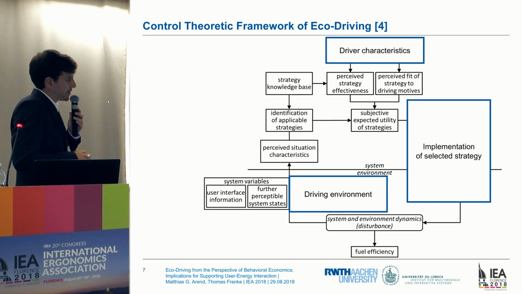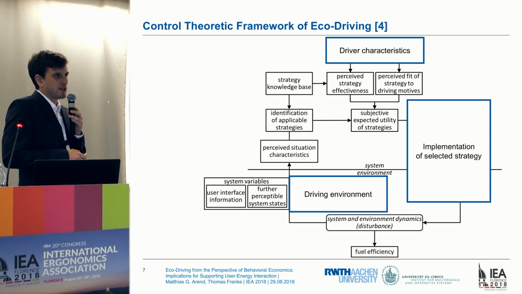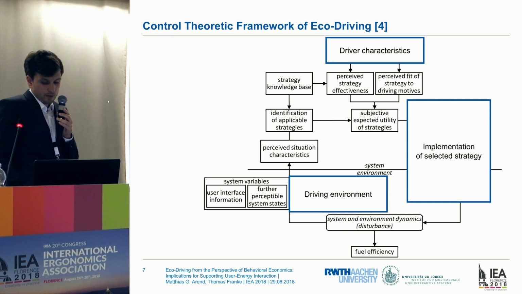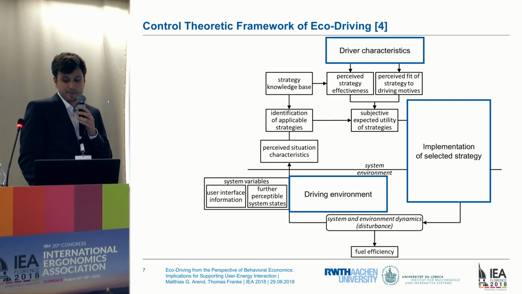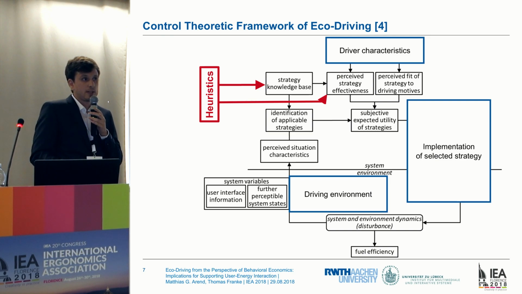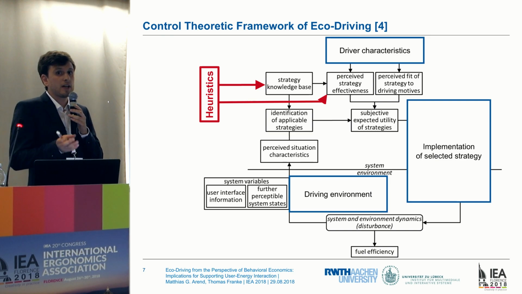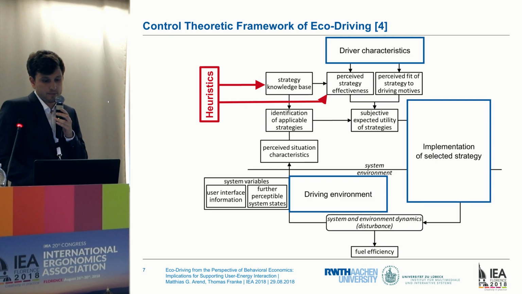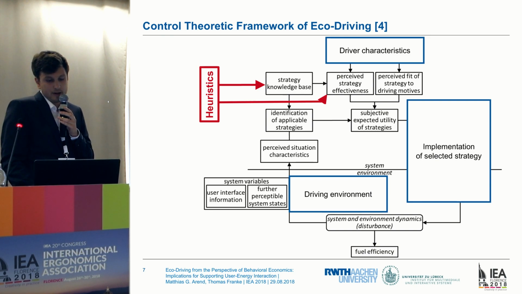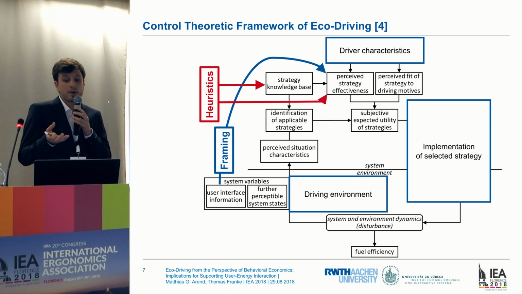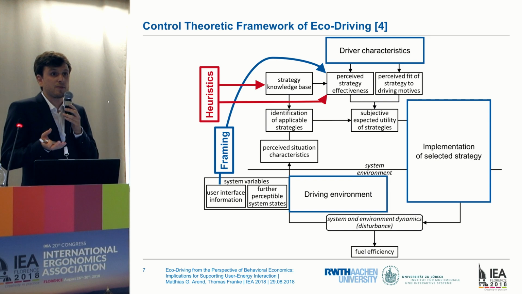The perceived strategy effectiveness for each strategy is something like the outcome of the editing phase from behavioral economics. So we have to consider which heuristics humans use to edit the decision alternatives, which are eco-driving strategies in our context. And we also have to consider how we frame these decisions. How do we frame the strategy effectiveness of different strategies?